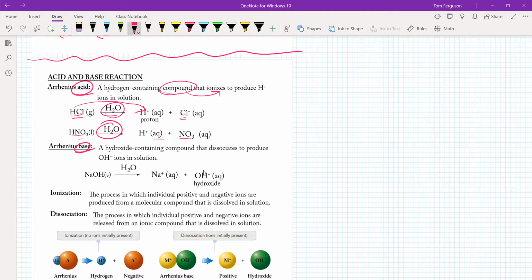A base is the same thing, only it produces a hydroxide ion. So anything with OH in it could be a base if it ionizes or dissociates. If it doesn't dissociate, then it's not a base. And there are strong acids, strong bases, weak acids, weak bases, non-acids, non-bases.